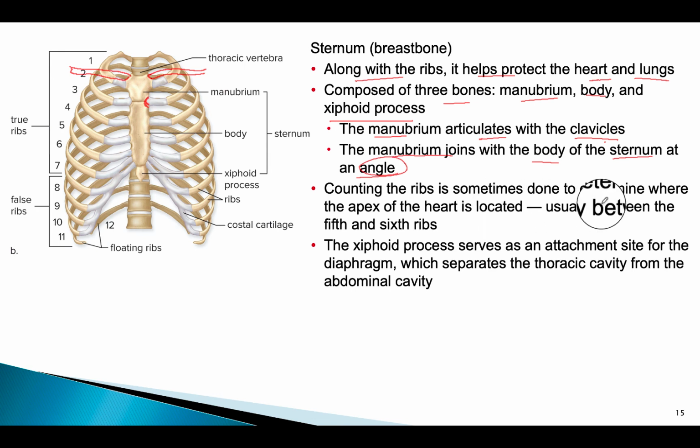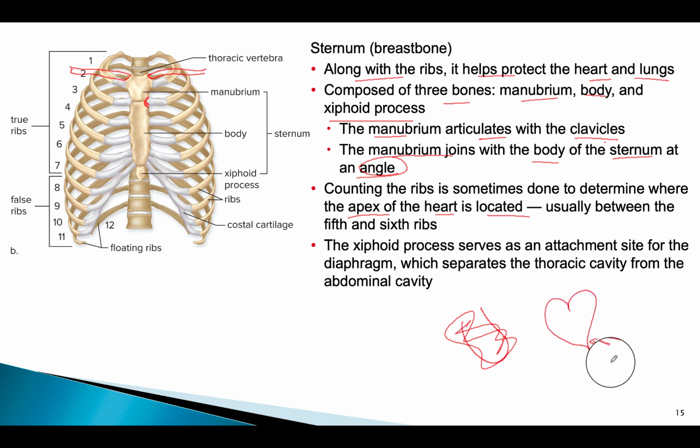Counting the ribs is sometimes done to determine where the apex of the heart is located, meaning where is the tip. If I draw the heart here, for example, so here's the heart, and this is the apex, or the tip of the heart, right over there. It is usually between the fifth and the sixth ribs. So the apex is going to be located at the fifth ICS, intercostal space, left mid clavicular line.